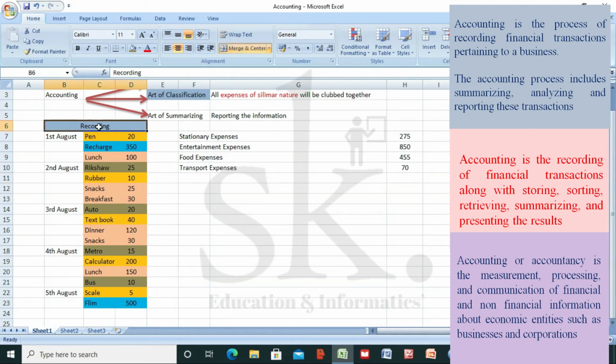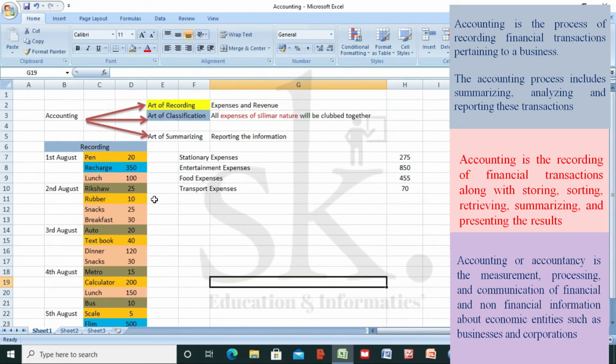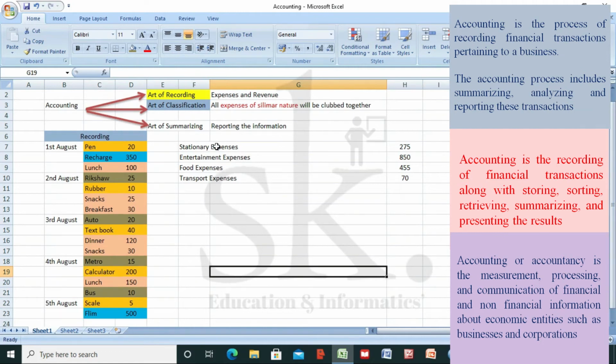Now, once we have recorded all possible expenses with reference to dates, following a chronology, and we have recorded all possible transactions which we had, the step 2 comes.